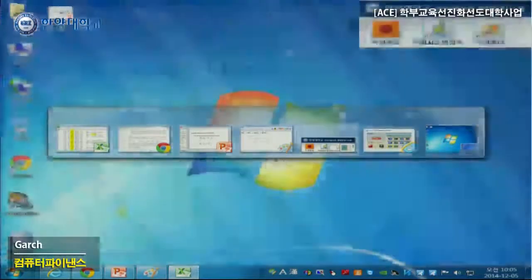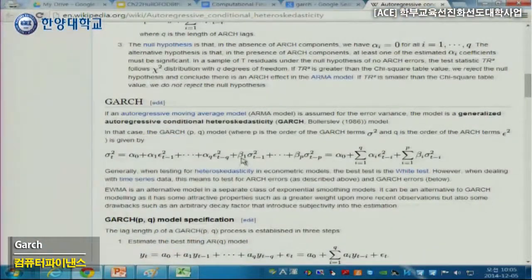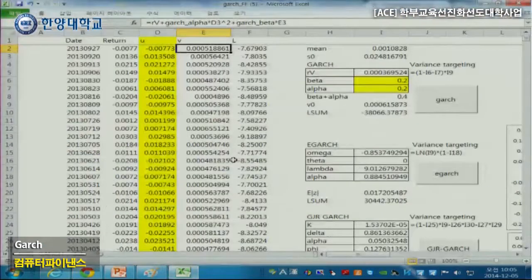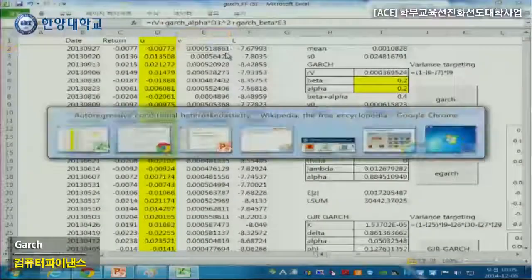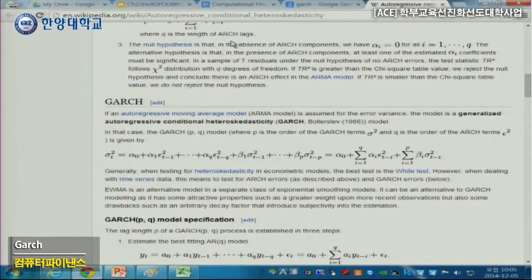Because there is a slight mismatch. So let's use this one because it's in Wikipedia: I have to multiply alpha and epsilon square, and beta and sigma square. In the Excel sheet, it was with D2 squared and E3. I think that was wrong.